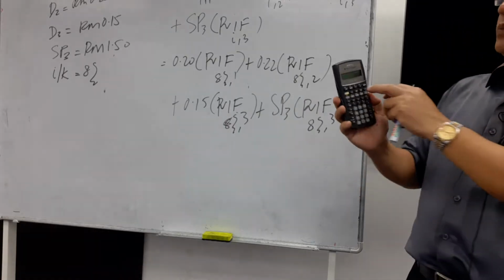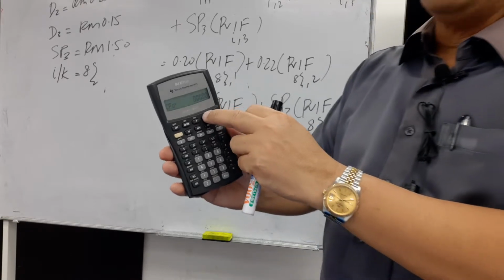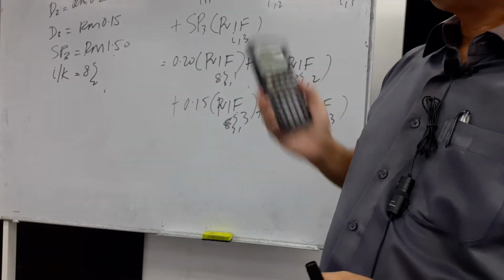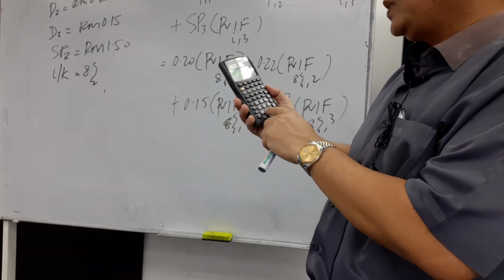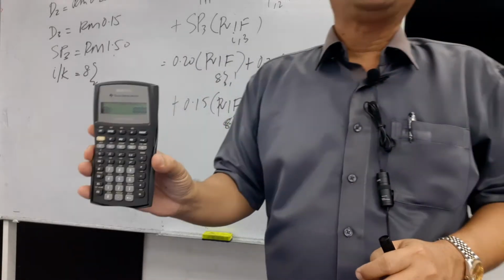Then push the downward arrow, and for C1 you put D1, which is 0.20. Enter, and push the downward arrow.